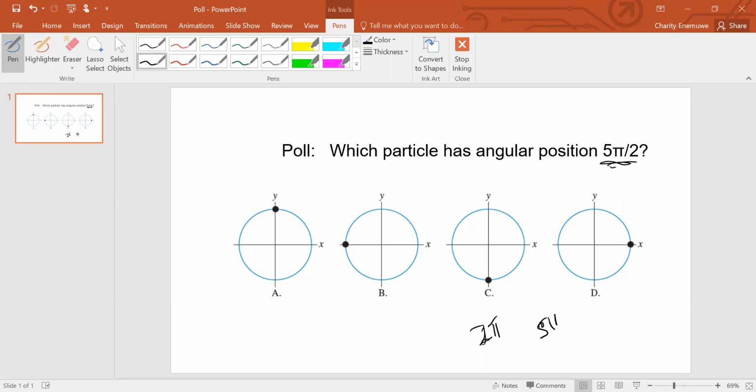5 pi divided by 2 pi will give you 2 remainder pi.